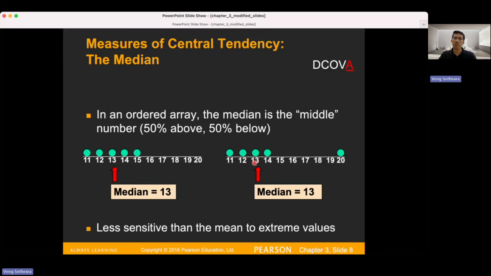So even though one of the values has increased from 15 to 20, the median remains the same. So in this case, you can say that the median is less sensitive than the mean to extreme values. Usually when one value just becomes larger or smaller, that will affect the mean, but the median may not.